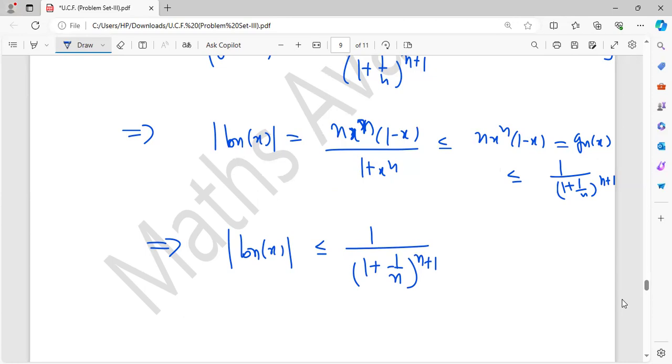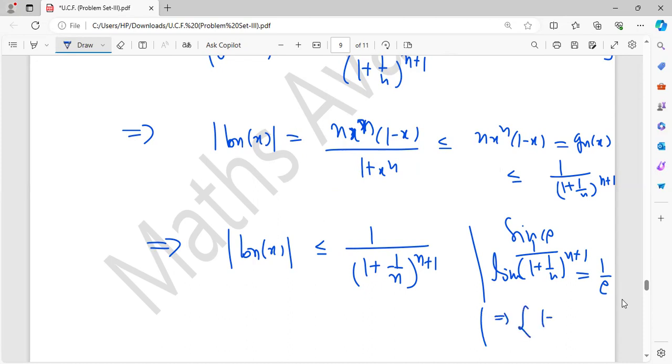Okay, but this is a convergent sequence, since (1 plus 1 upon n) to the power n plus 1, the limit as n tends to infinity, is e, so 1 upon e. So it is bounded. This implies this sequence 1 upon n plus 1 is bounded.